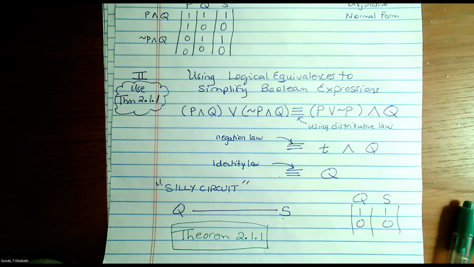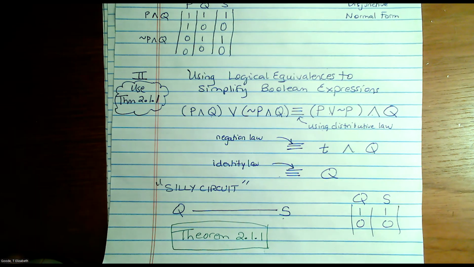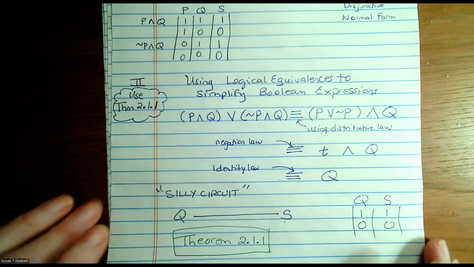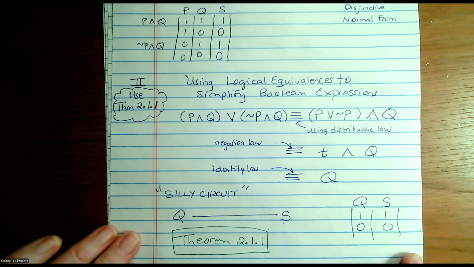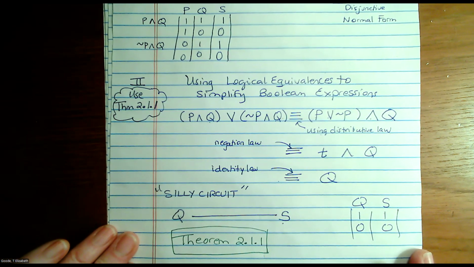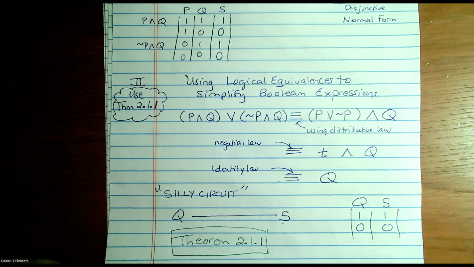One of the Measure 2 practice worksheets gives you an opportunity to play these logical equivalence games as well. Is that in the special homework? Yep. Okay, all right. I think it's called the Circuits and Boolean Expressions worksheet or something like that.